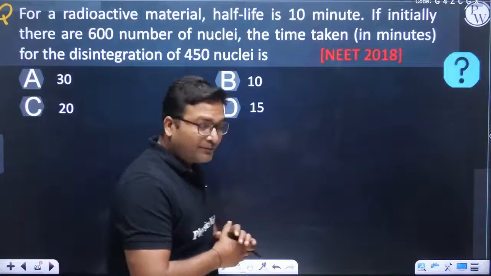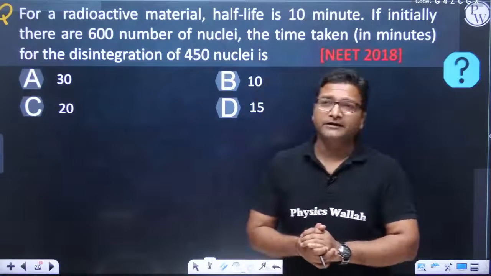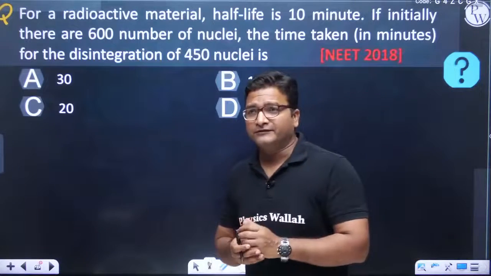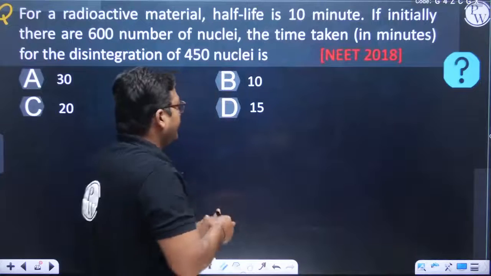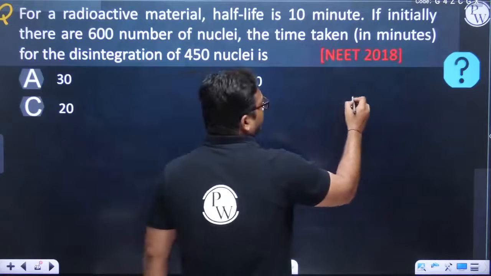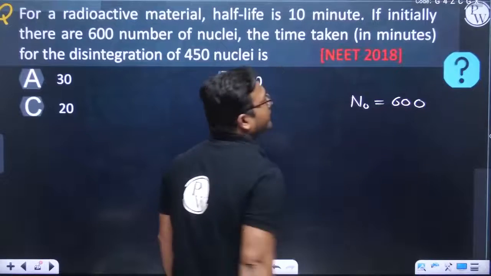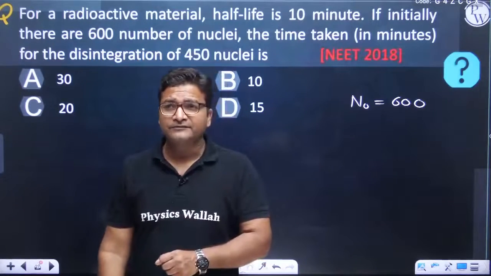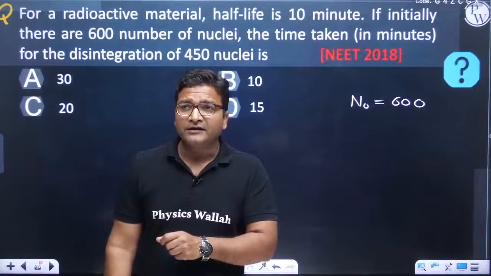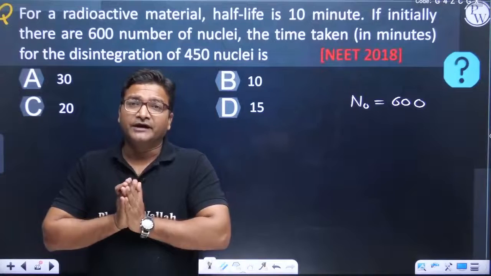Here we have another problem and it says for a radioactive material, half-life is 10 minutes. If initially there are 600 nuclei and the half-life is 10 minutes, find the time taken for the disintegration of 450 nuclei.